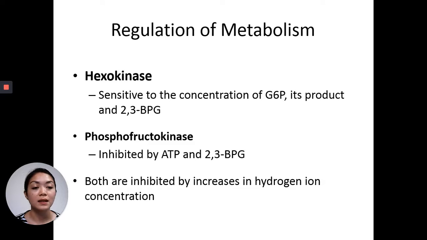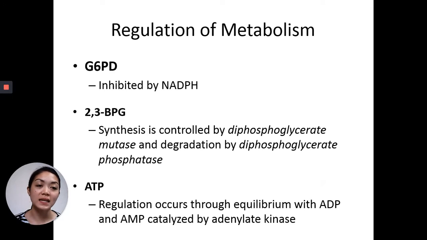Phosphofructokinase is inhibited also by ATP. Because again, these two enzymes require ATP, if you recall, and another is 2,3-BPG. And both are inhibited by acidic pH. G6PD is inhibited naman by NADPH. Kung damo si NADPH, manubo, ma-decrease ang activity ni G6PD. Then you have 2,3-BPG in the Rapoport-Luebering shuttle.